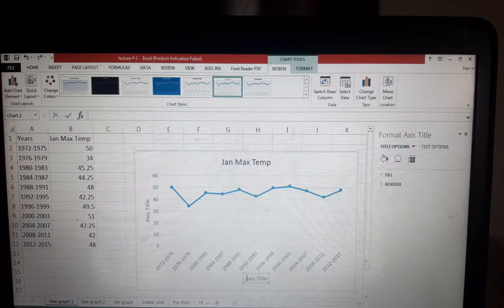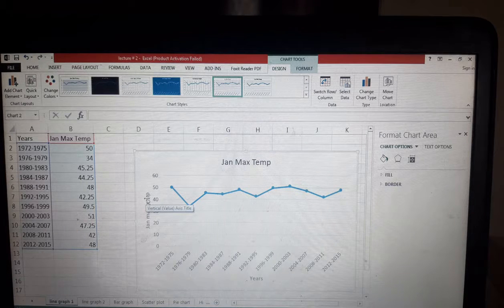On the x-axis we have years, and on the y-axis we have January maximum temperature.